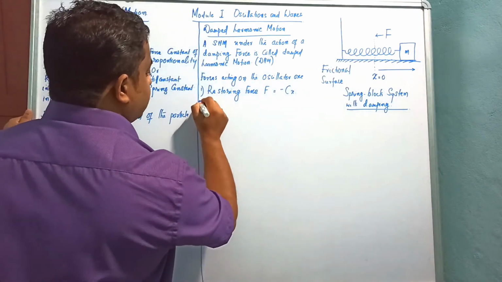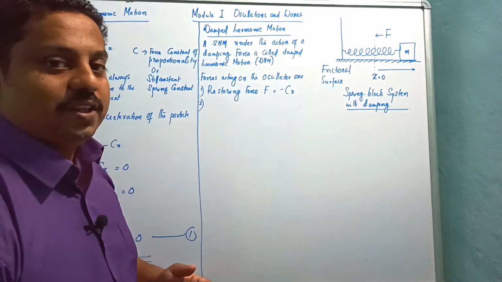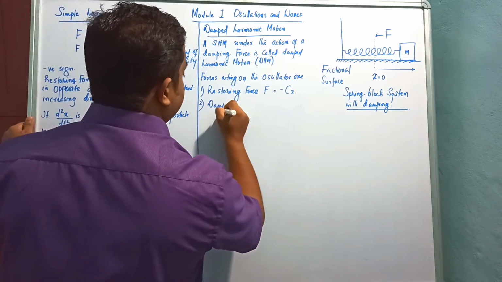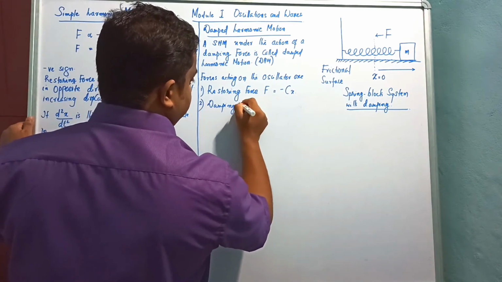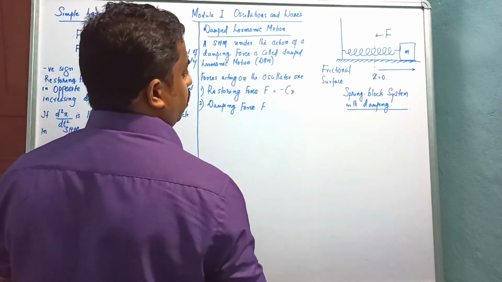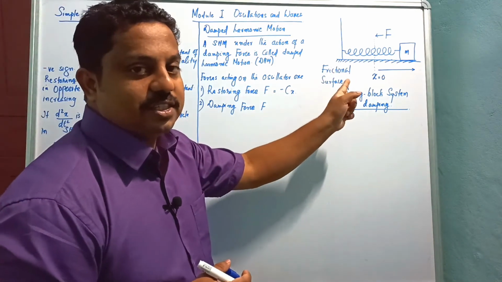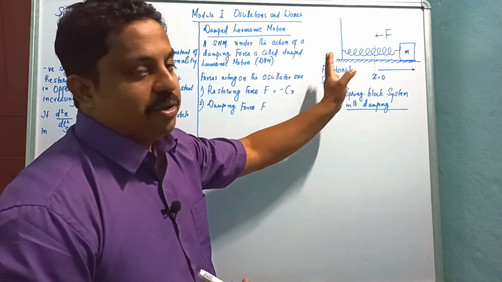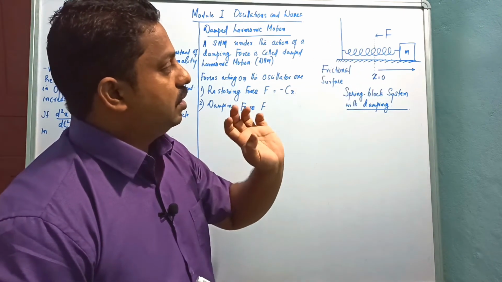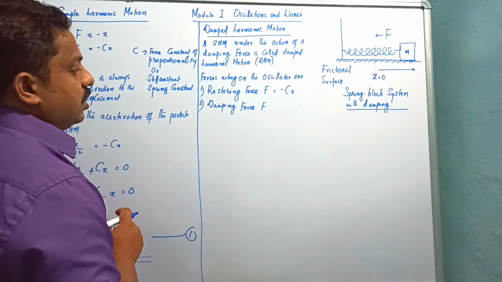And in addition to the restoring force, there is another force called the damping force, which here is due to the frictional surface and opposes the motion of the spring block system.